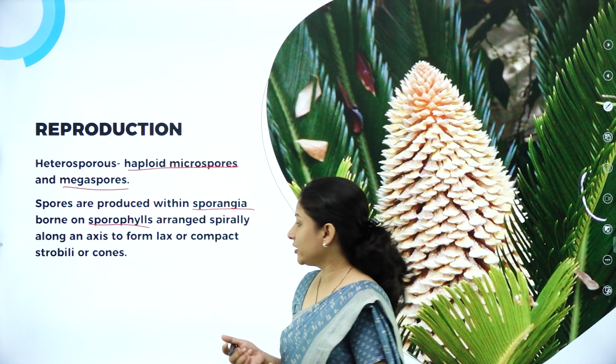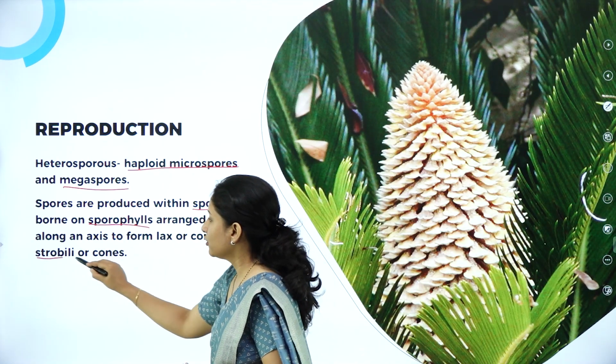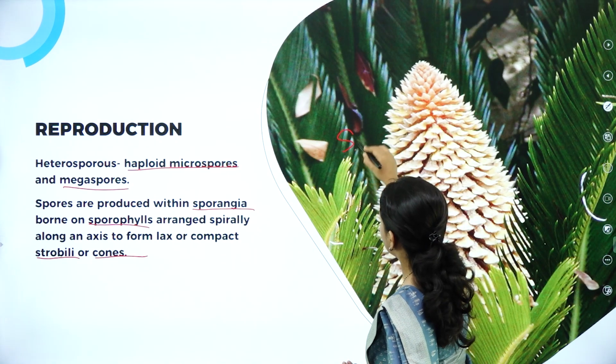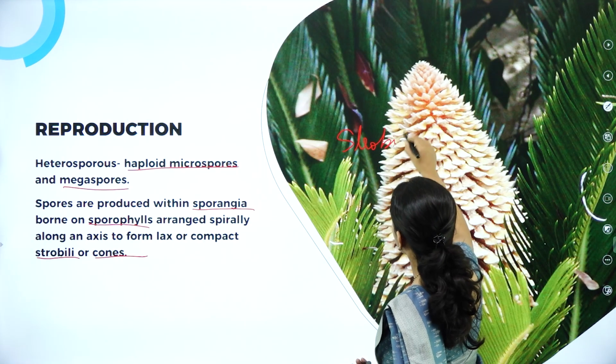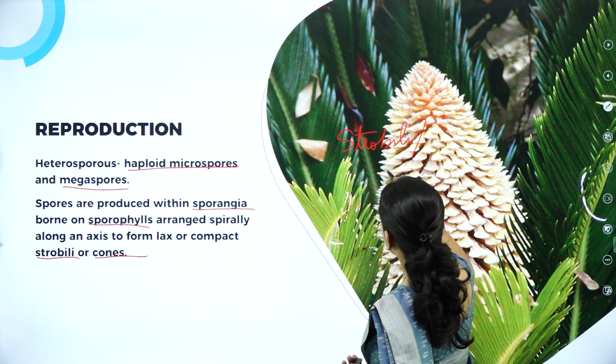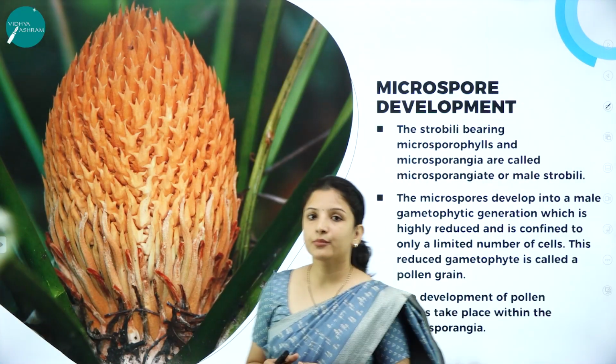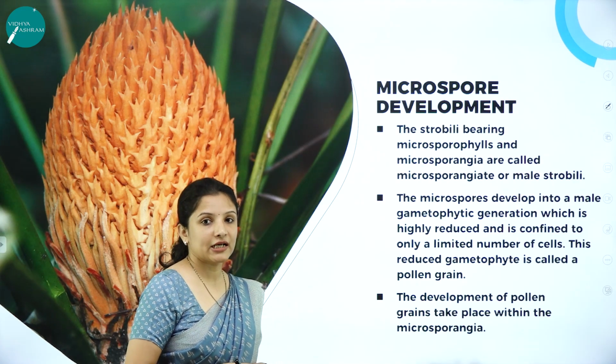They can also be called strobili or cones. You can call it sporangia, strobili, or cone. So these are the reproductive structures.